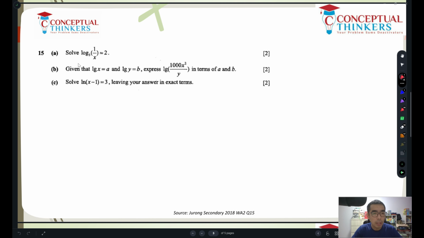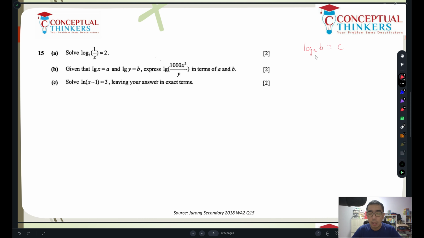Now for part A, they want you to solve log base 3 of 1 over x, and it will be equal to, so they want you to solve for the value of x. Now, when you look at logarithm, you have to recall the rules for logarithm. One of the things I'm thinking of is using this rule: log base a of b equal to c.